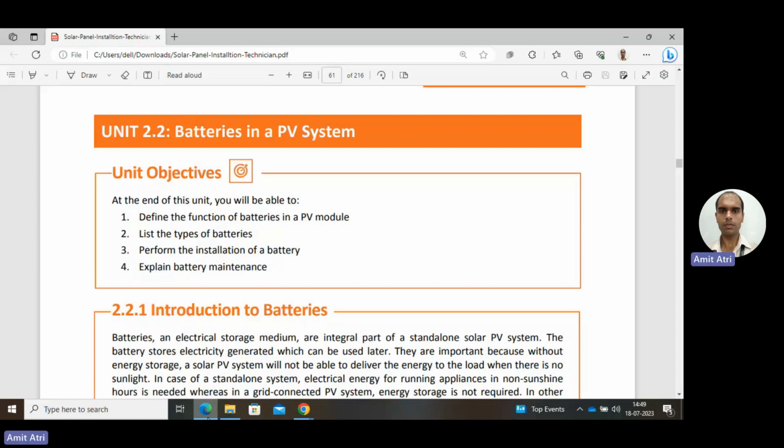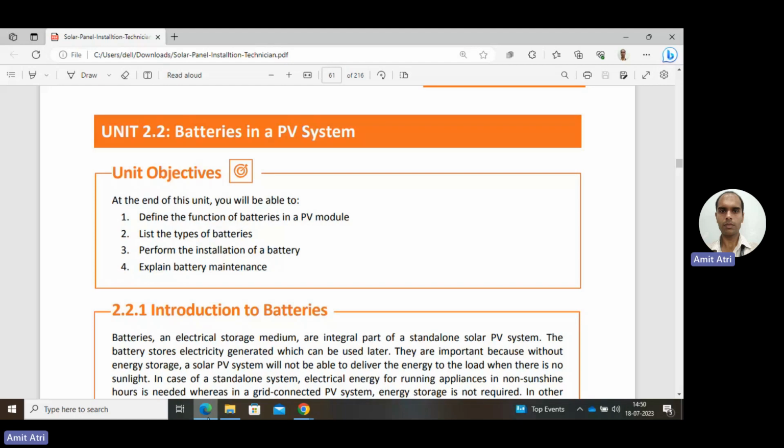That is because in a standalone system, means a system which is not connected to the grid, we necessarily need a battery because solar energy is not available throughout the time. So in the absence of solar energy, this battery is supposed to supply energy to the load. And this battery will store energy when the solar availability is there.